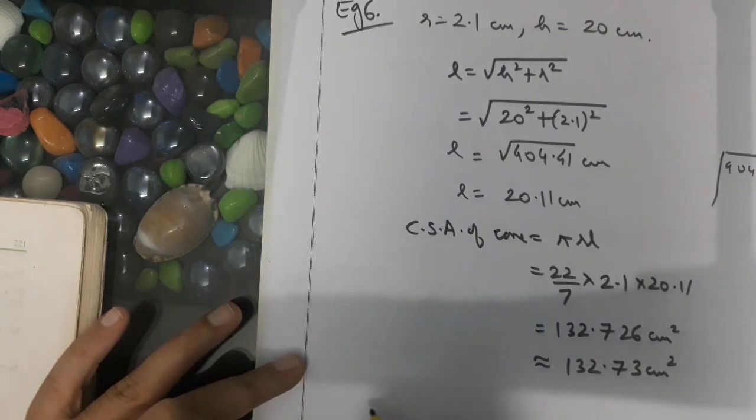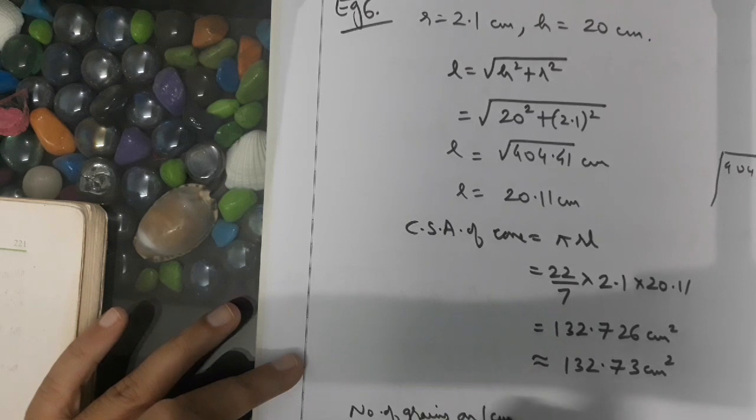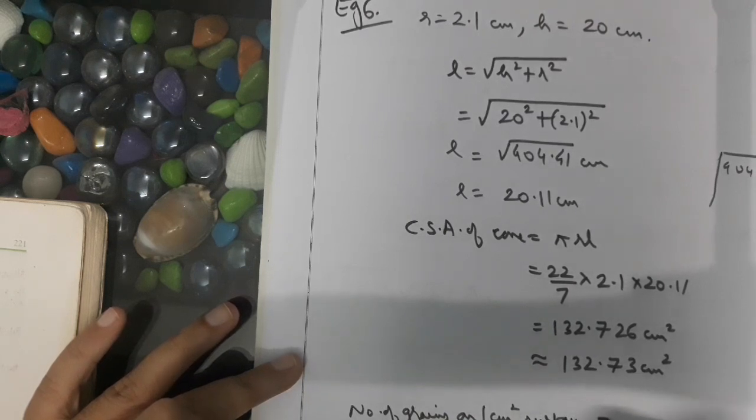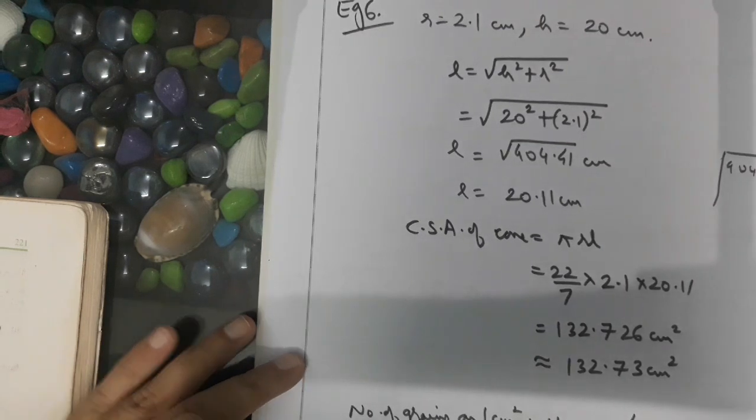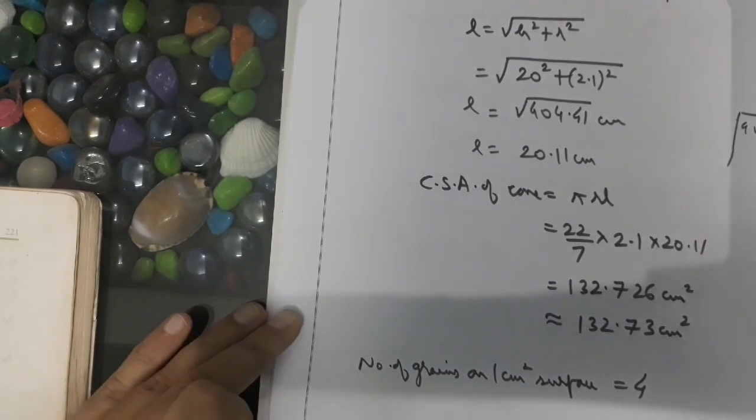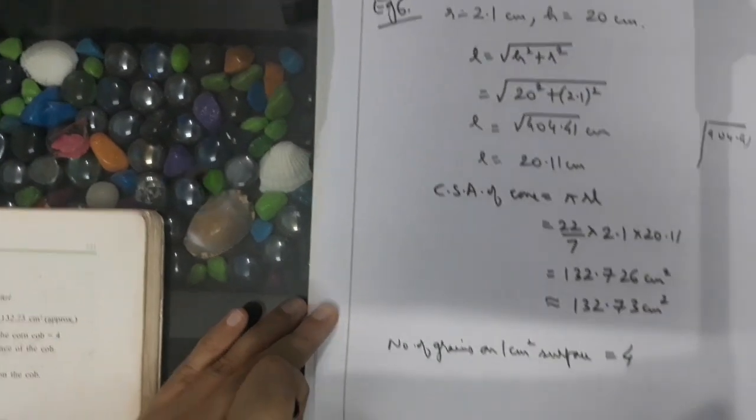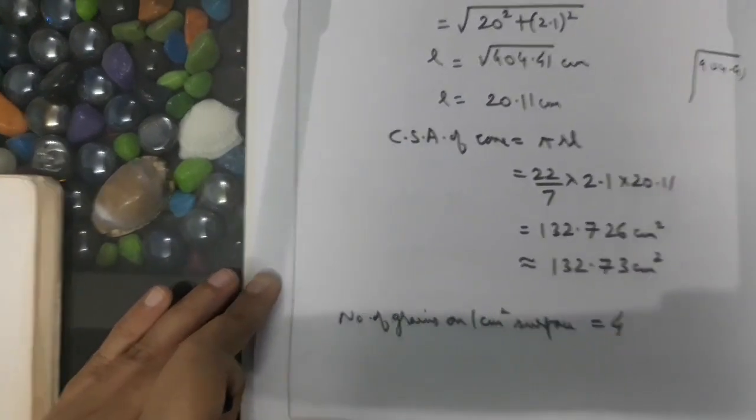Now number of grains on 1 centimeter square surface is given to us as 4. In the question it is given to us that there are 4 grains on 1 centimeter square surface of the corn cob.